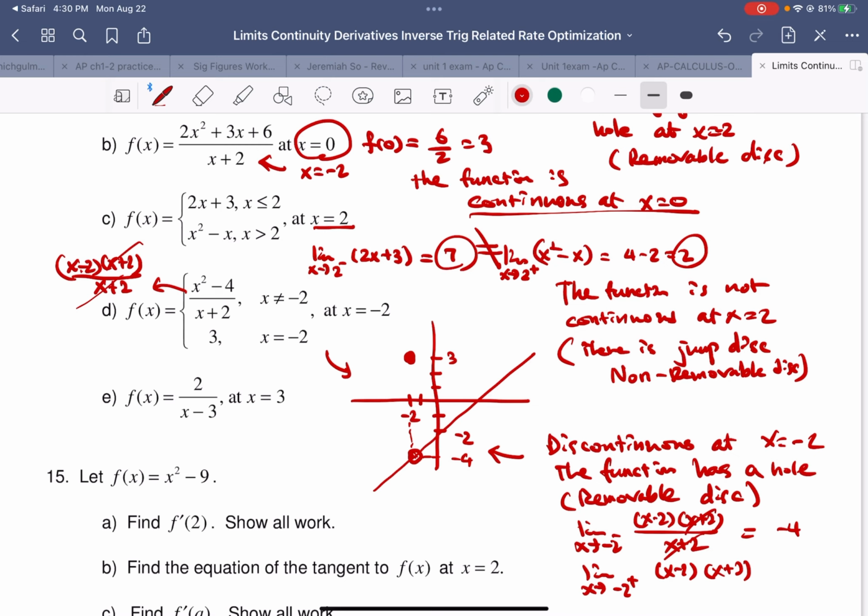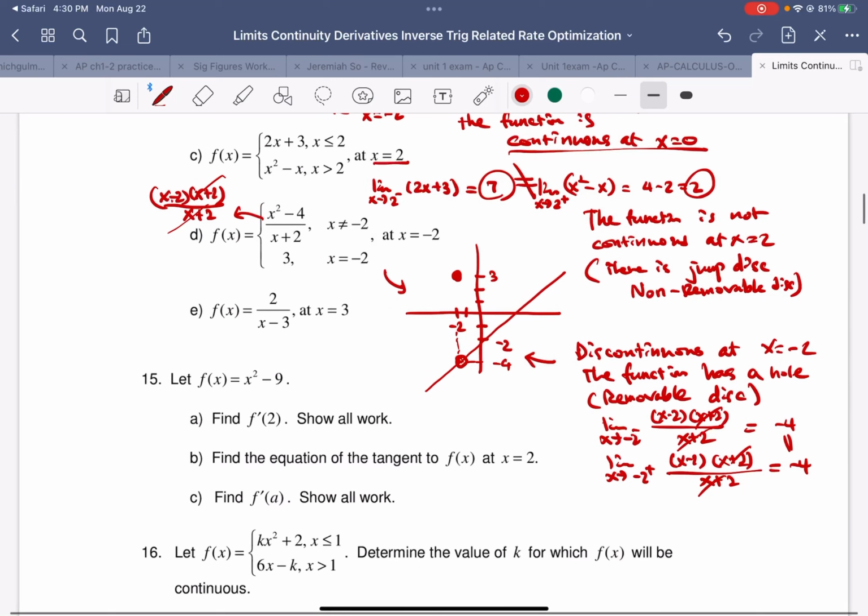I'm going to copy this. After you cancel x plus 2, you plug it in, so negative 4. As long as they are the same, you have a limit there, and it's removable. It shows there's a hole. Okay, that's the justification.